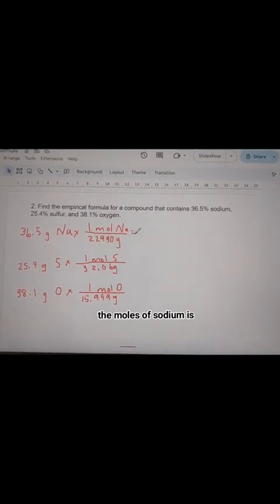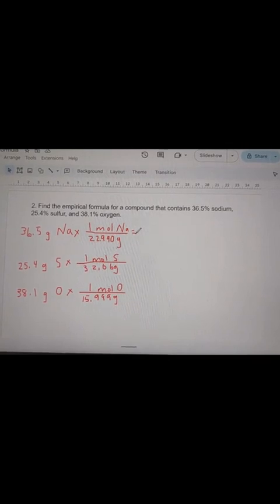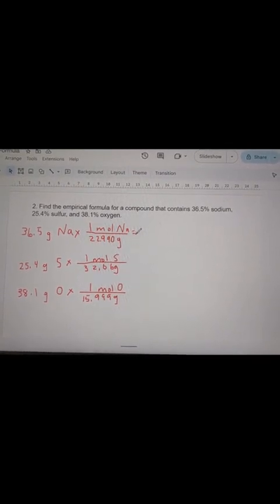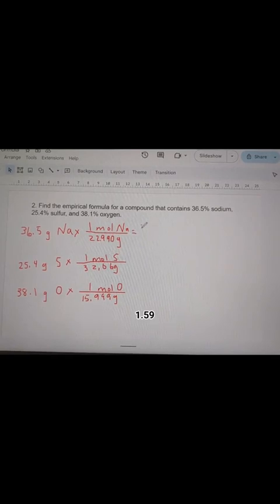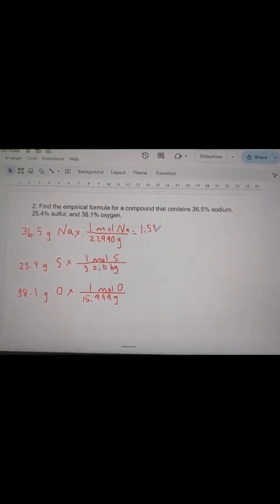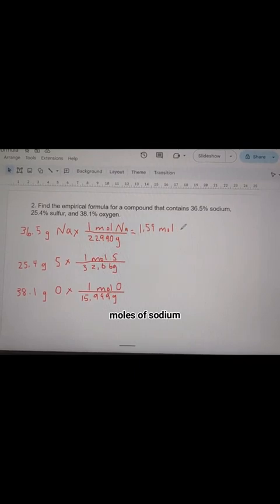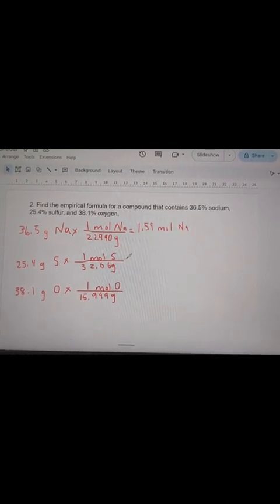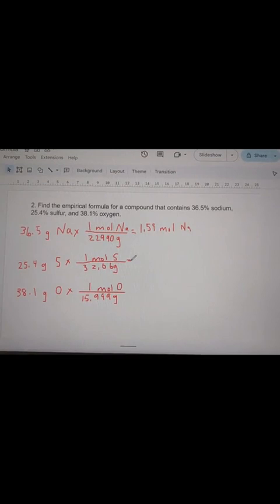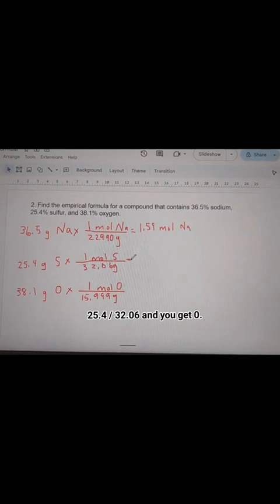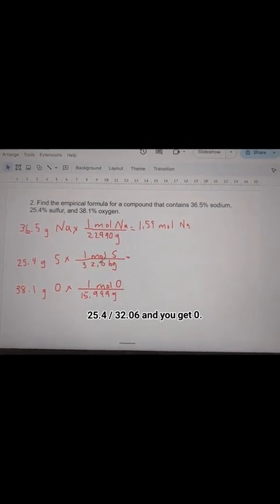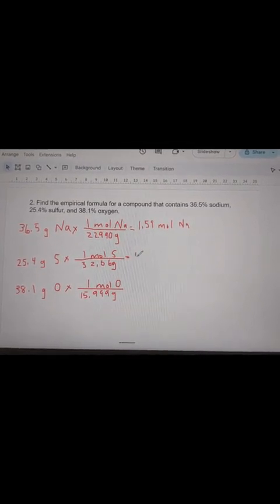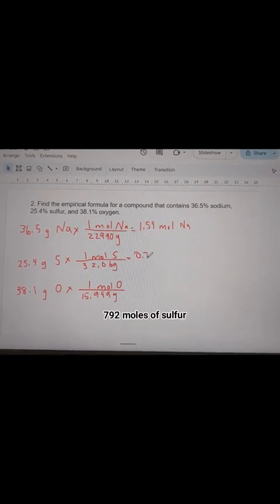Okay, so the moles of sodium is 1.59 moles of sodium. Moles of sulfur, 25.4 divided by 32.06, and you get 0.792 moles of sulfur.